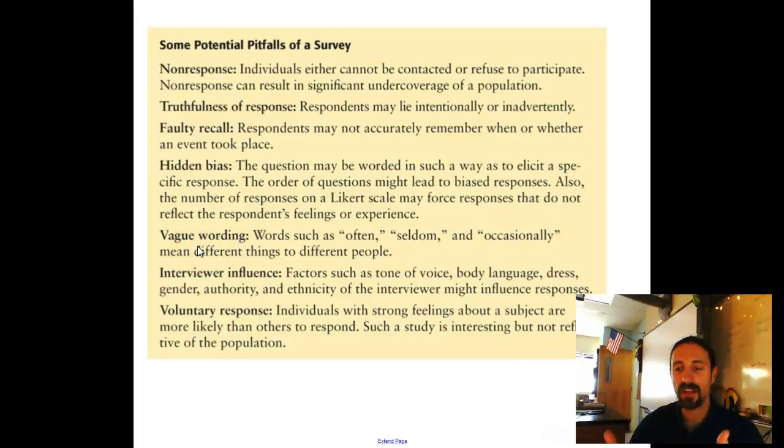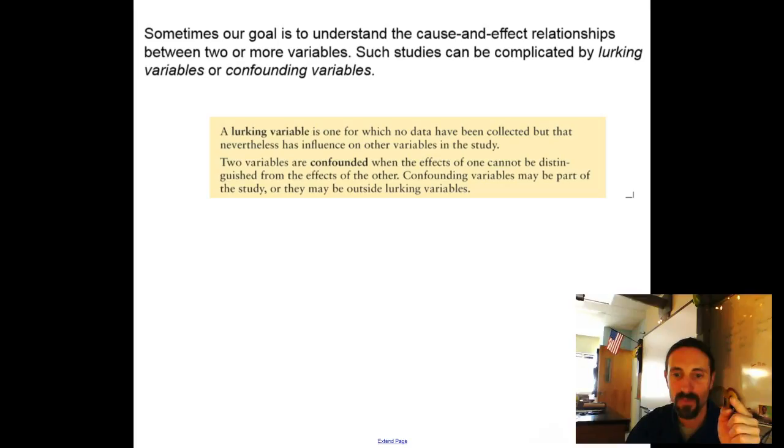How many people looked at that survey and said, do you mean hours in the whole week or just the hours I'm in school? There's an influence from who's giving the interview. Oh, it's my friend, I'll be more responsive versus someone I don't care for. And this one's really interesting. Voluntary response. People that like to take surveys and give their opinion. That is a bias.